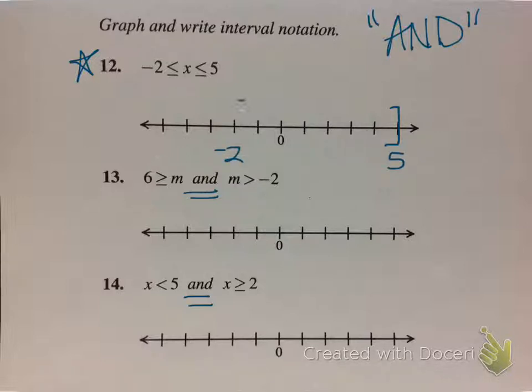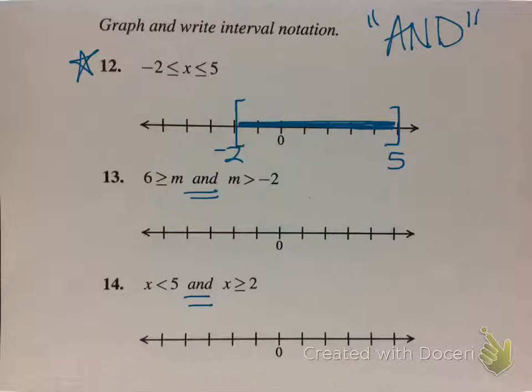And I need to be greater than or equal to that. We always read our inequality symbol with the variable coming first. So x is less than or equal to 5 and x is greater than or equal to -2. And we are going to shade in between. All of these numbers fit that criteria of being greater than or equal to -2 and at the same time less than or equal to 5.